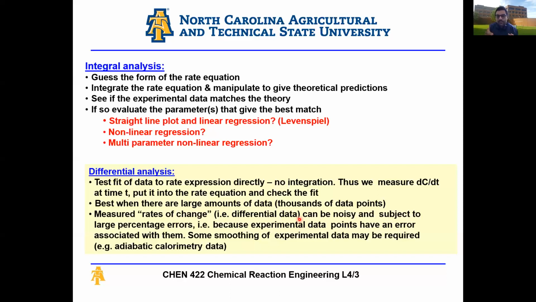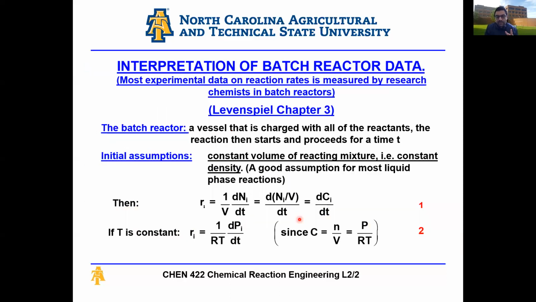Okay, so just to recap the two methods. Integral analysis: I'm taking my rate expression, R is equal to dC by dt, and integrating this expression to get C as a function of t, or t as a function of C, where I just get one straight nice equation and compare this equation to the experimental data.